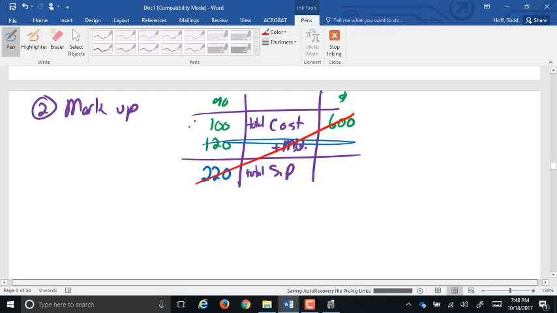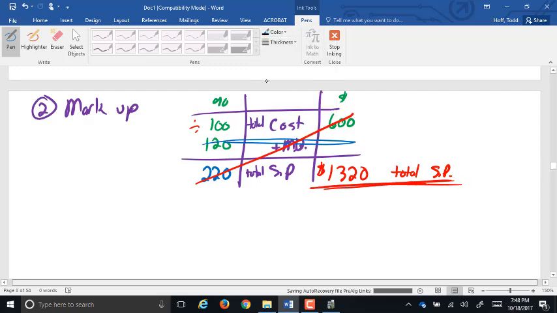Cross multiply and divide. 220 times 600 divided by 100. $1,320. That's the total required selling price.